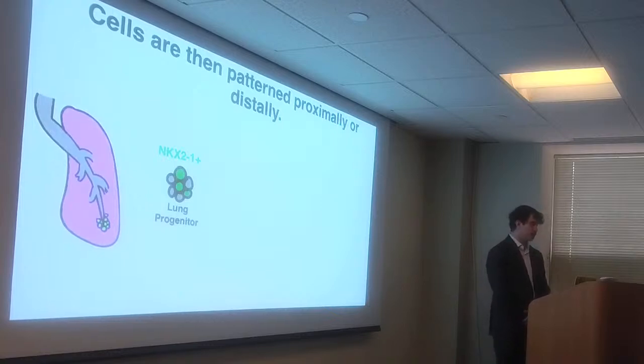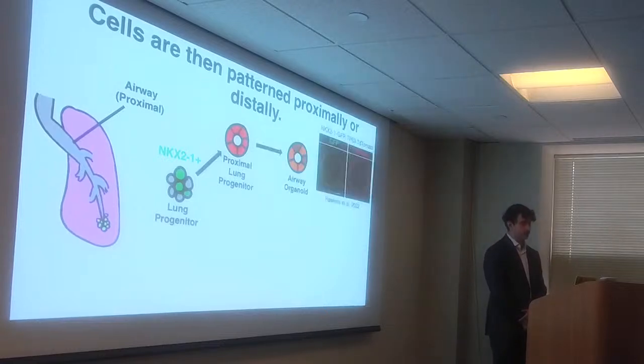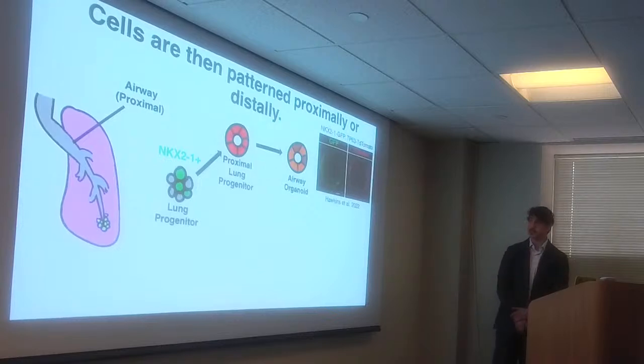So from here, we can expose our NKX2-1 positive cells to the right media conditions to trigger this proximal distal patterning. One set of conditions takes them to a proximal lung progenitor, which we can further mature into an airway organoid that you can see expresses NKX2-1 as expected, and P63, which is a marker of basal cells.